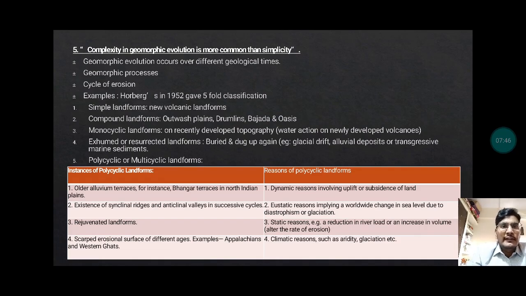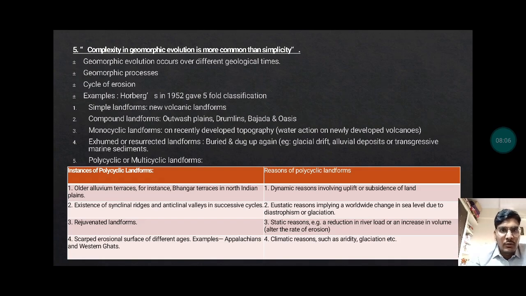Now how can we define that these are polycyclic landforms? Earlier they used to be khadar. Khadar means new alluvium plain. But when the river shifted its course, the annual deposit of alluvial sediments no longer happens here.